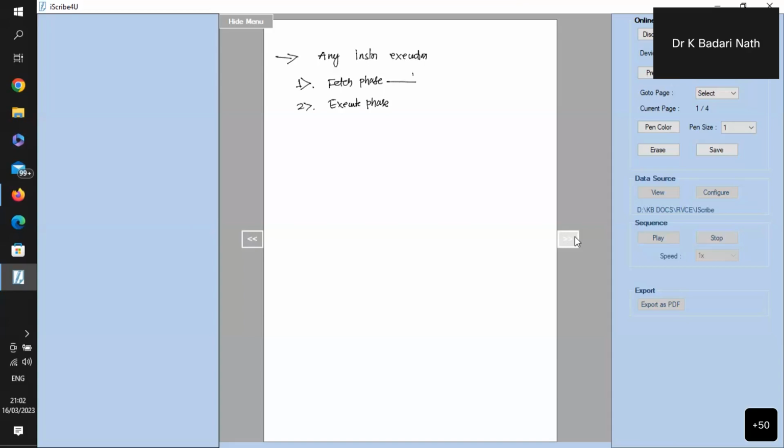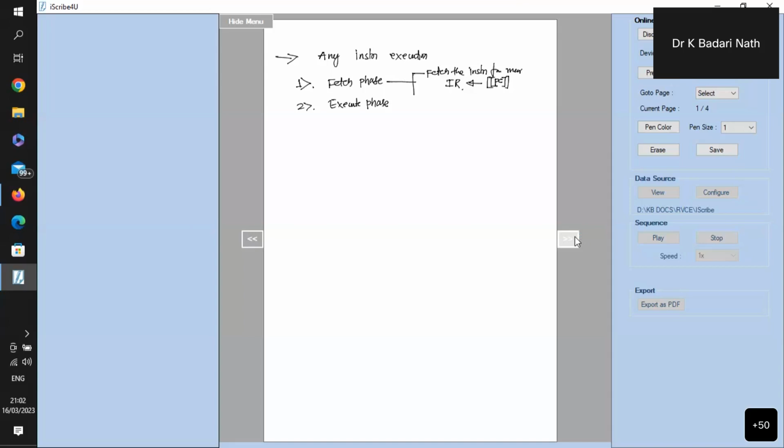In the fetch phase, we have to fetch the instruction from memory. So how do you fetch that? We know that the program counter is the one which contains the address. We will do this operation: program counter, and bring this into the instruction register. This is the first step. The contents of the program counter will be sent to the memory address bus, and from that location you bring the contents into the processor and load them into the instruction register.